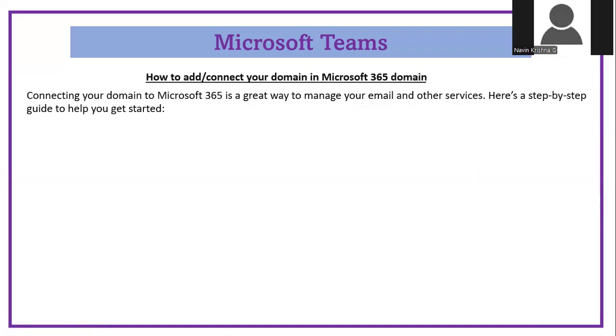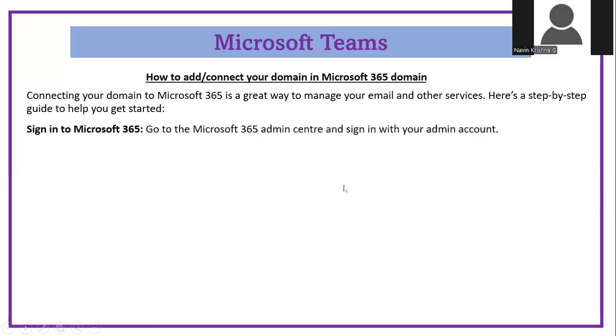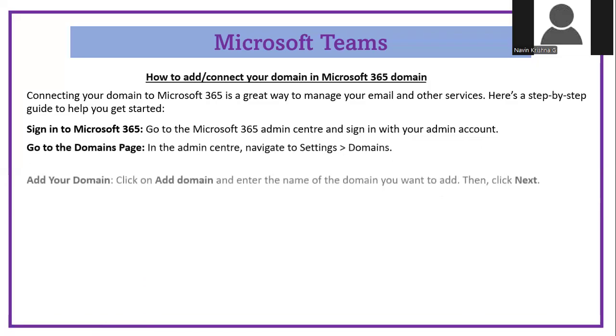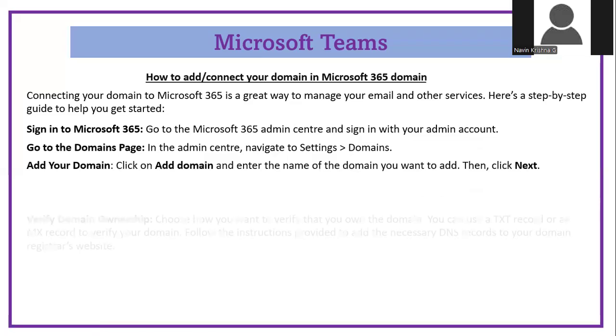The next thing we are going to do, after the domain is purchased, is connect that domain to Microsoft 365. It is a great way to manage email, Teams services, and any other services in Microsoft 365. For that, sign into Microsoft 365 first, go to the domains page, add your domain, and click on next.